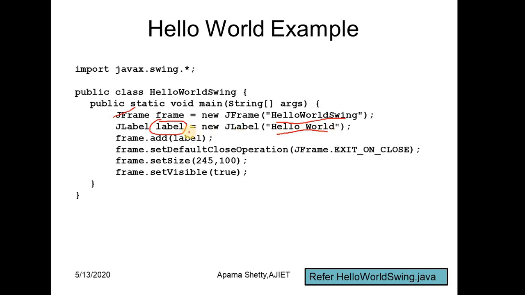After that, we have to add the label to the frame. frame.add(label) will add the label that we have created to the frame.